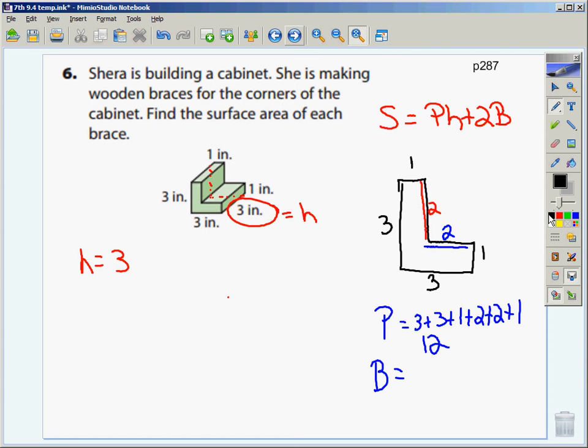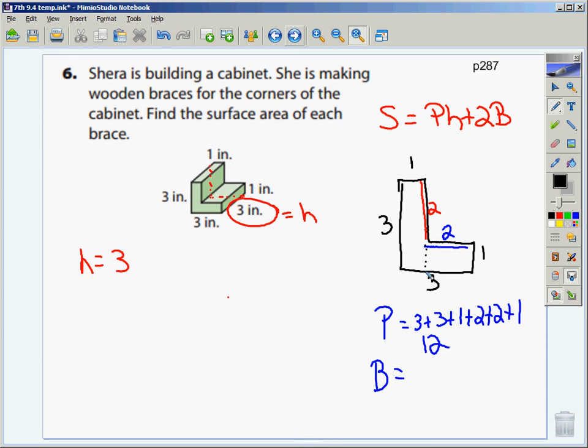Now, in this base shape, is it a rectangle, a square, or is it one of these composite figures? It's a composite figure. I have to decide where I want to split it. It doesn't matter where. I can split it horizontally, I can split it vertically. Doesn't matter. I'm going to split it horizontally.